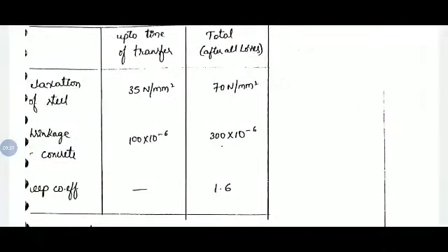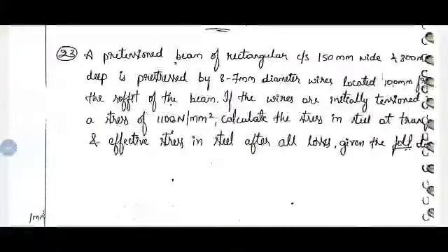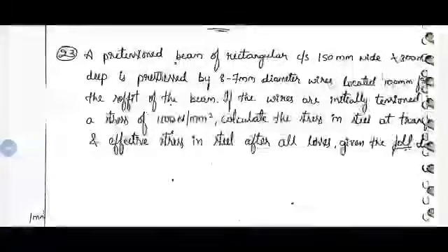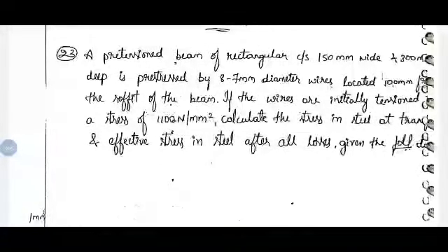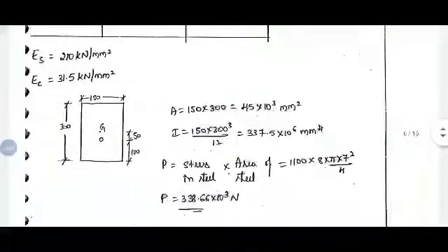So here in this problem we have two conditions. Calculate the stress in steel at transfer and effective stress in steel after all losses. That means here we need to consider immediate losses and time dependent losses. So first we will calculate the required data.